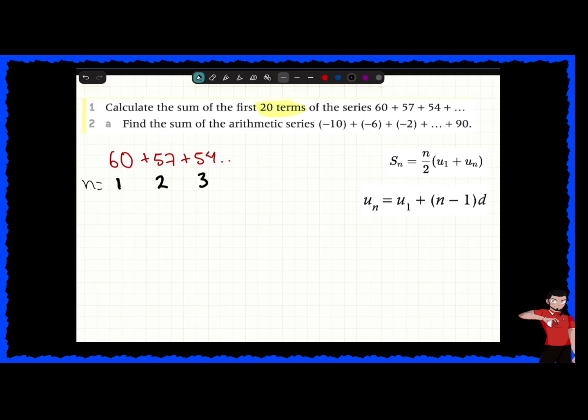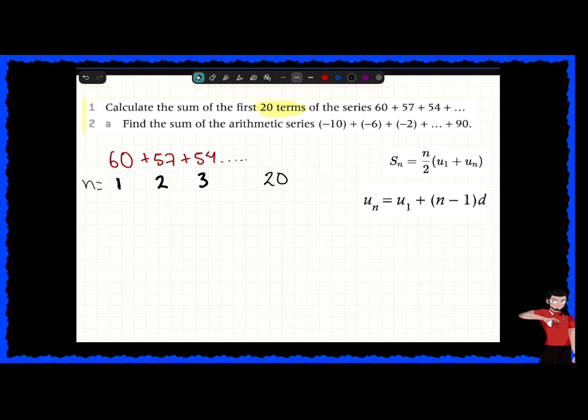So how? As you can see, we do not have the number using the position 20. We don't know it.